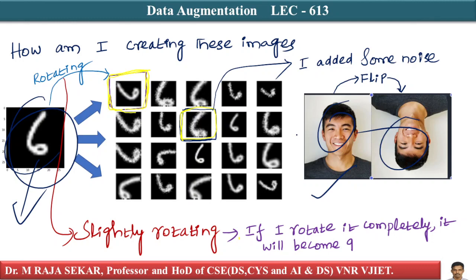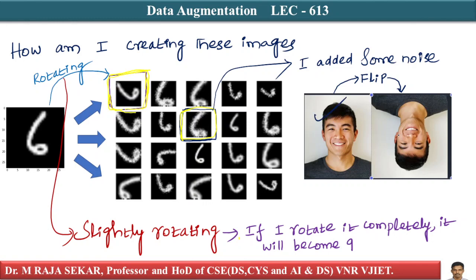Whether the face is like this or like this, if you flip the first image, you get the second image. It is still a face. This is called the flip operation.